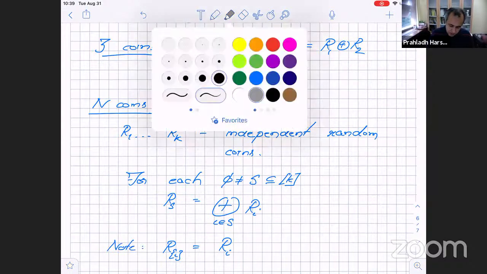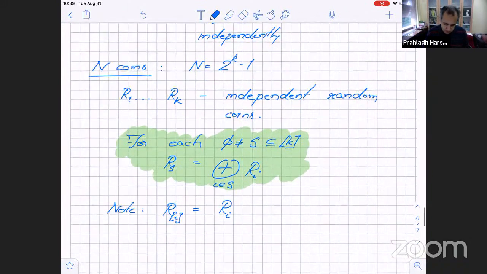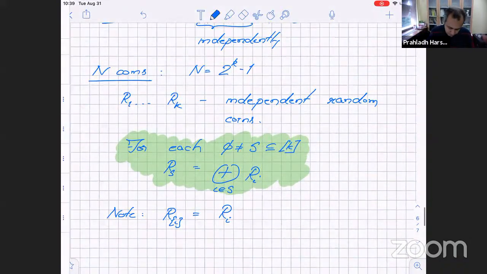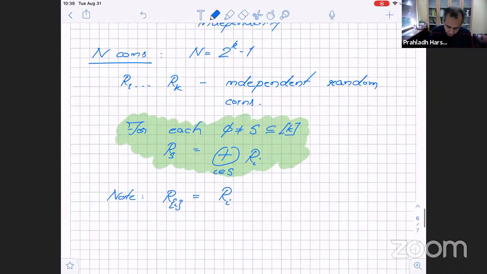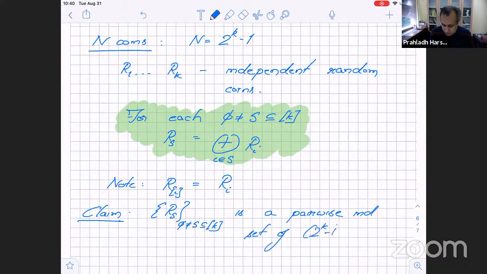Okay, let's see if you follow this definition. The claim I want to make is that Rs, for S not equal to the empty set, S a subset of [k], is a pairwise independent set of 2^k minus 1 coins.